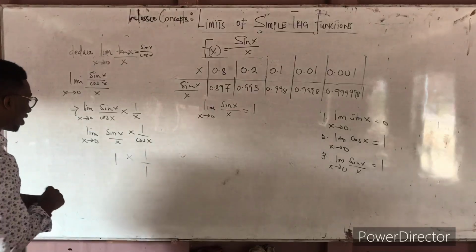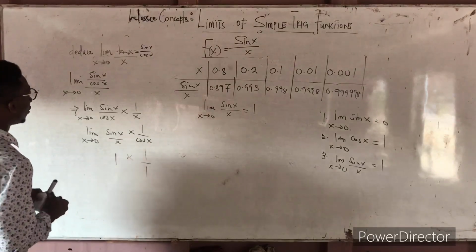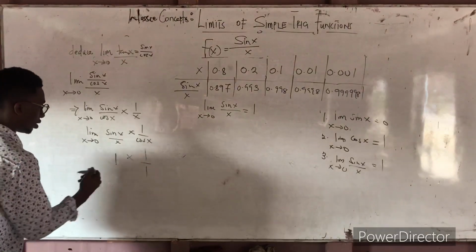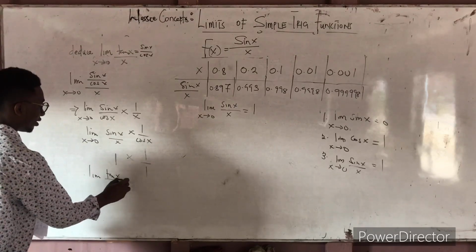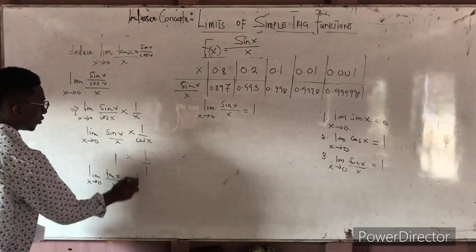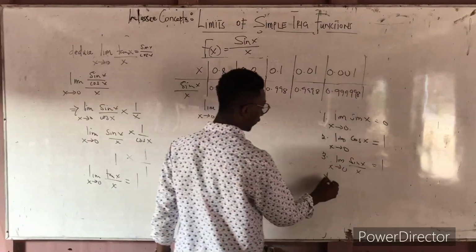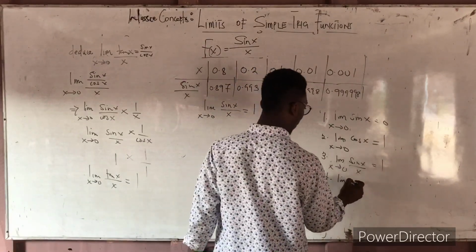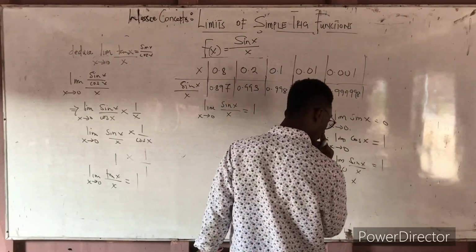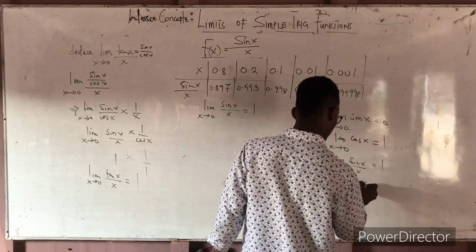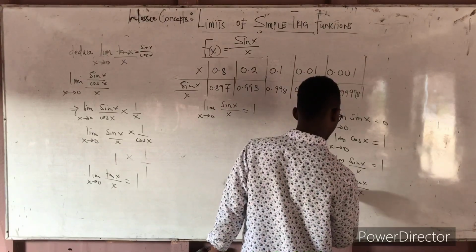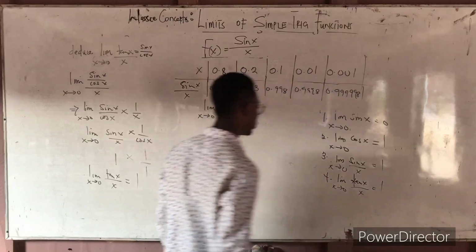If that is the case, the limit of tan x on x as x approaches 0 will also be equal to 1. So the fourth: the limit of tan x on x as x approaches 0 is equal to 1.